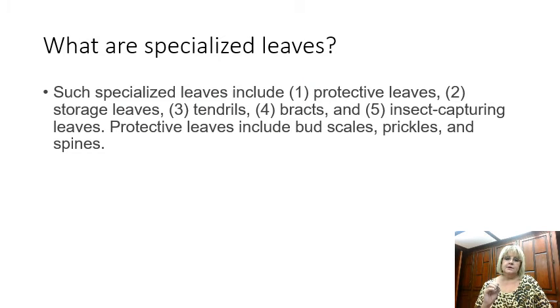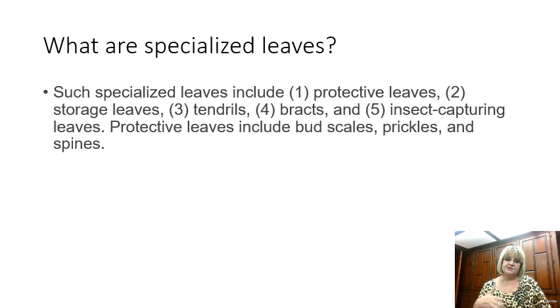So what are specialized leaves? Leaves may be specialized usually in adaptation to specific combinations of environmental factors. So specialization includes things like really thick leaves, fewer stomata for water storage levels, tendrils, spines, food storage leaves, flowerpot leaves, window leaves, reproductive leaves, bracts, which a lot of times are just colored, and insect trapping leaves like the Venus flytrap.